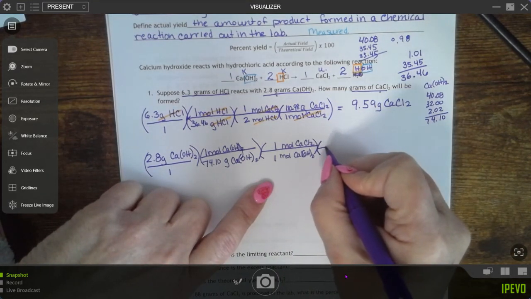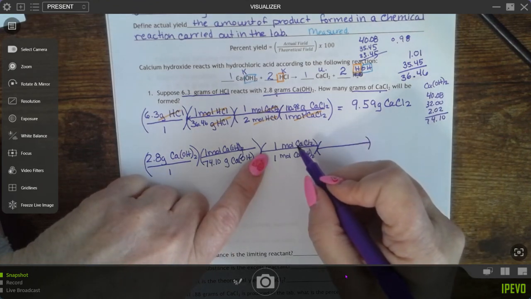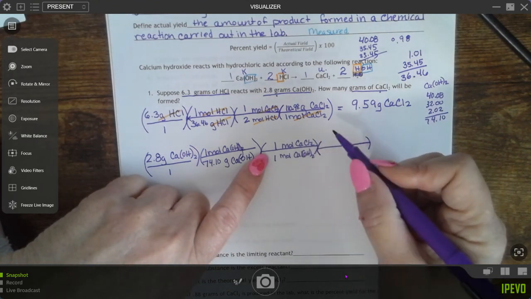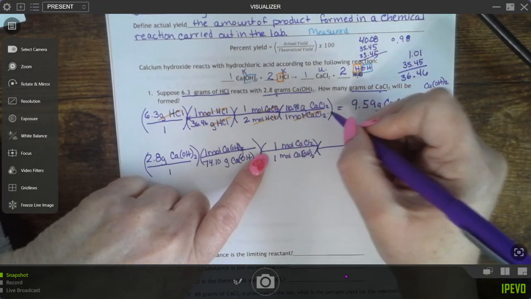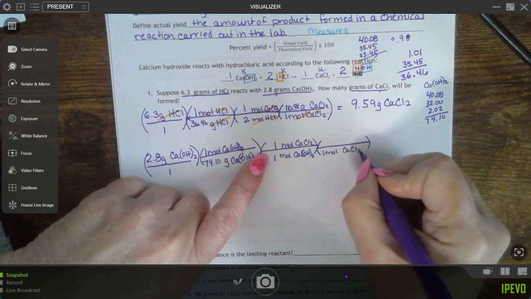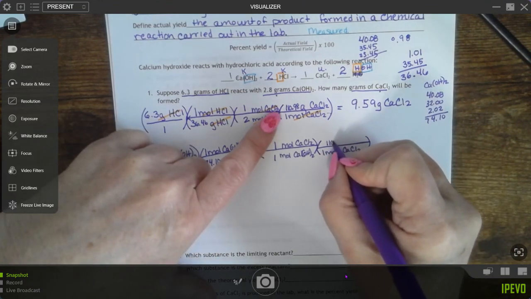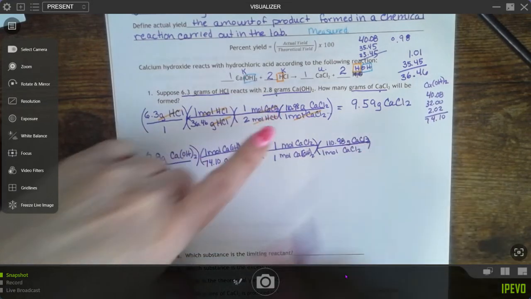And then the final step is we're going to go from moles of calcium chloride to grams of calcium chloride. And remember, we just did this step above, so we already have our numbers. We've got 1 mole of calcium chloride and 110.98 grams of CaCl2, calcium chloride.